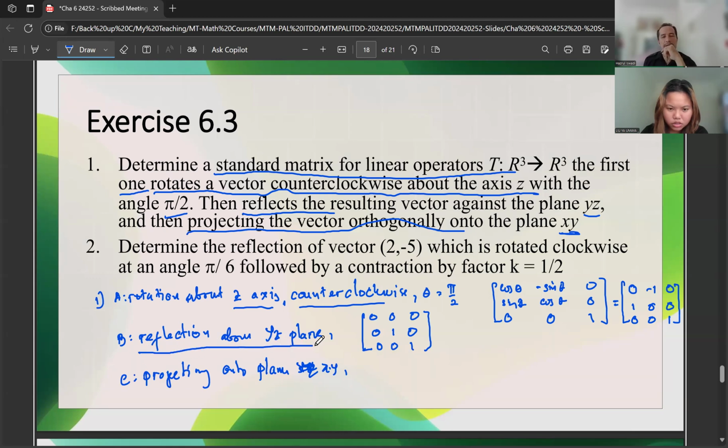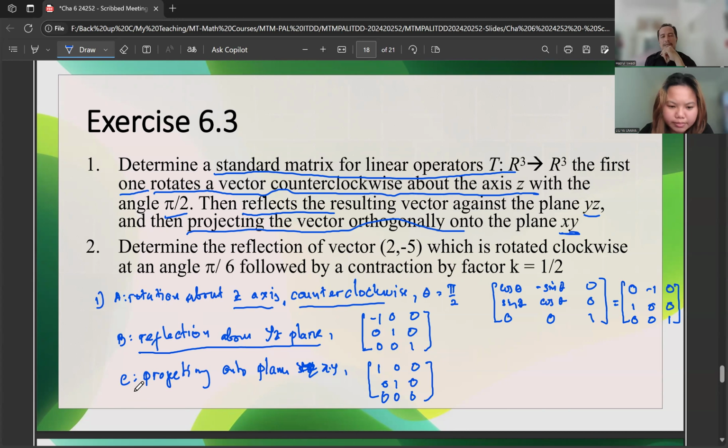Reflection about the xy plane means that z will be negative, not 0. Reflection, not projection. So we have 1, 0, 0; 0, 1, 0; 0, 0, minus 1. Okay, so we have A, B, and C like this.